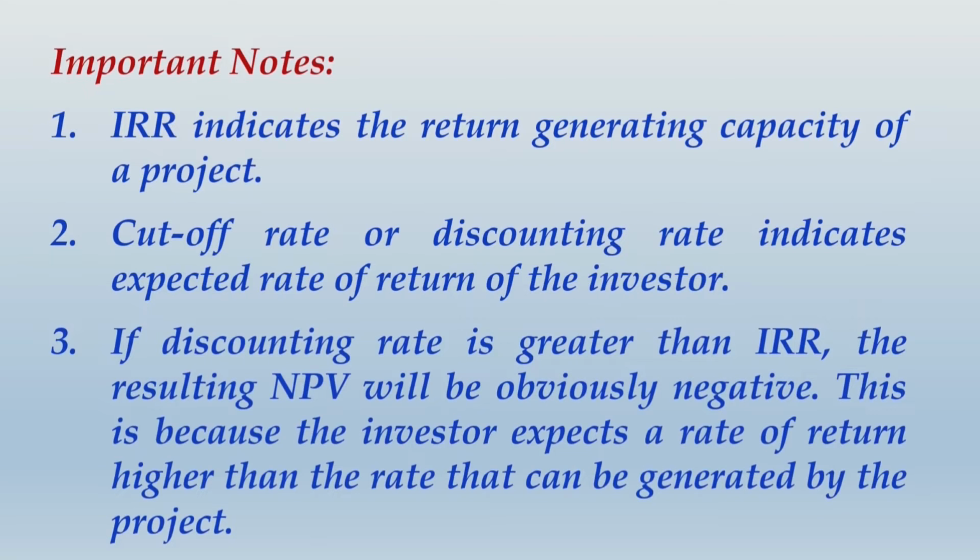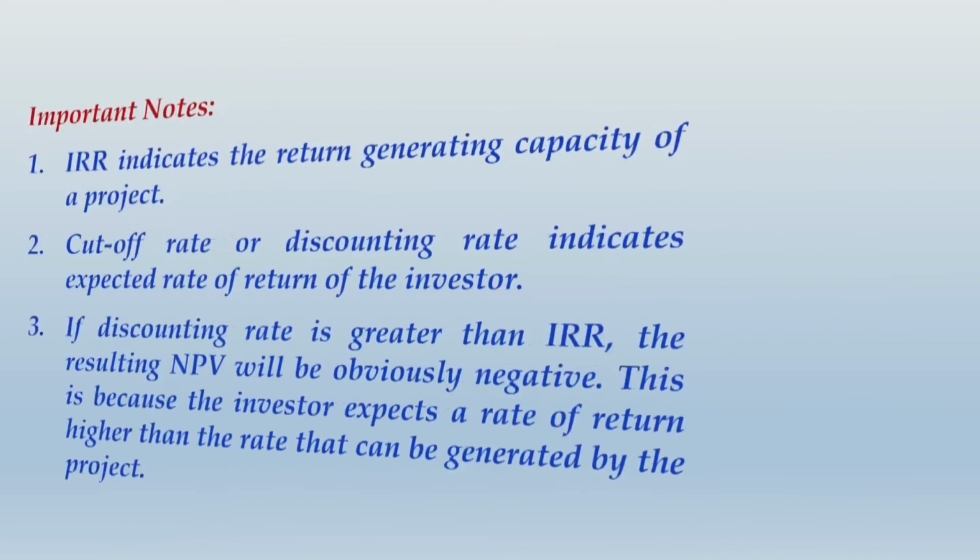So third point, if discounting rate is greater than IRR, means the investor is expecting more and IRR is less, the resulting NPV will be obviously negative. This is because investor expects a rate of return higher than the rate that can be generated by the project.